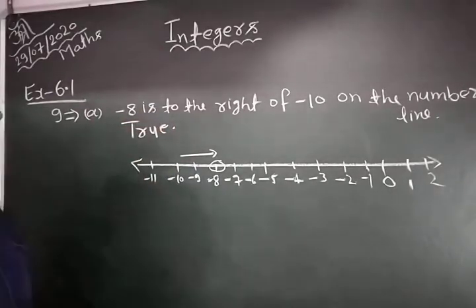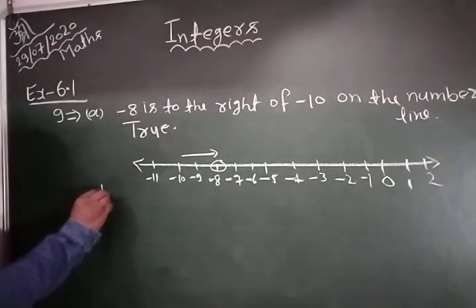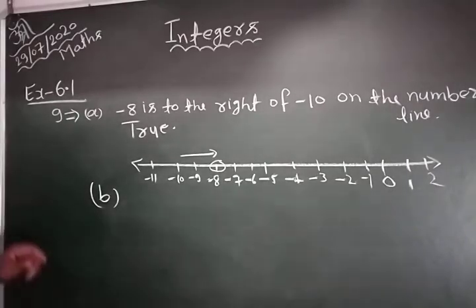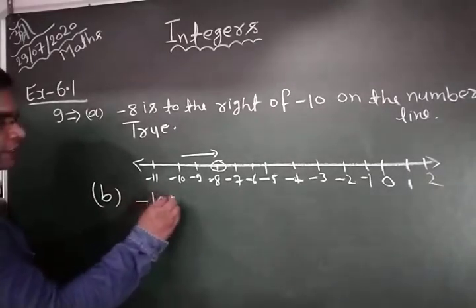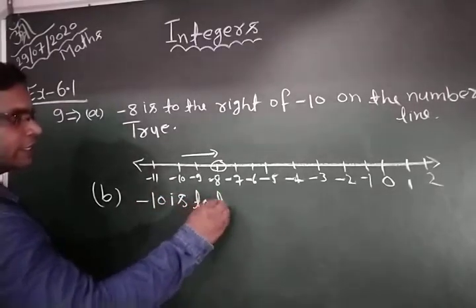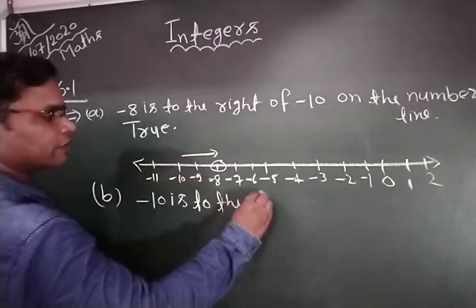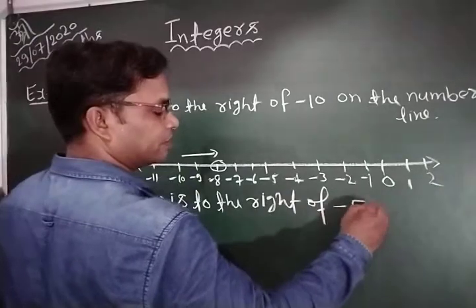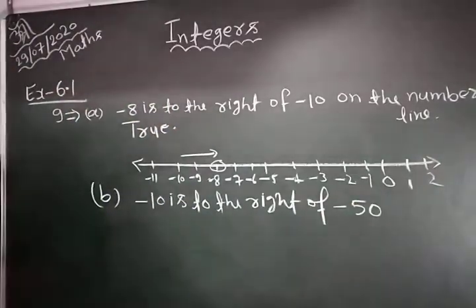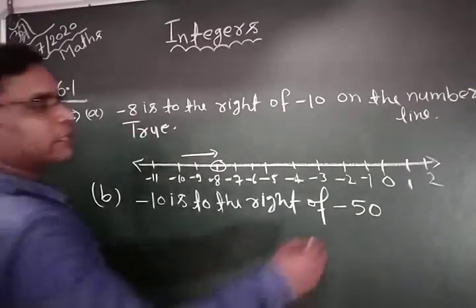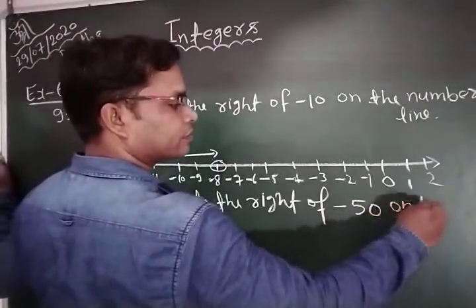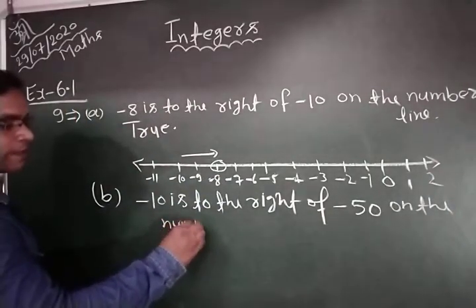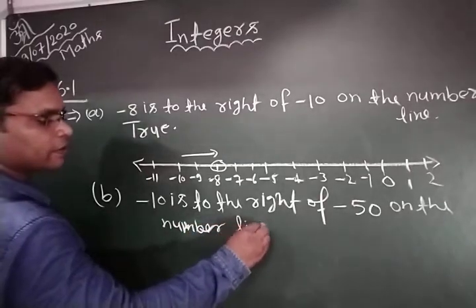Now part B of this question: -100 is to the right of -50 on the number line.